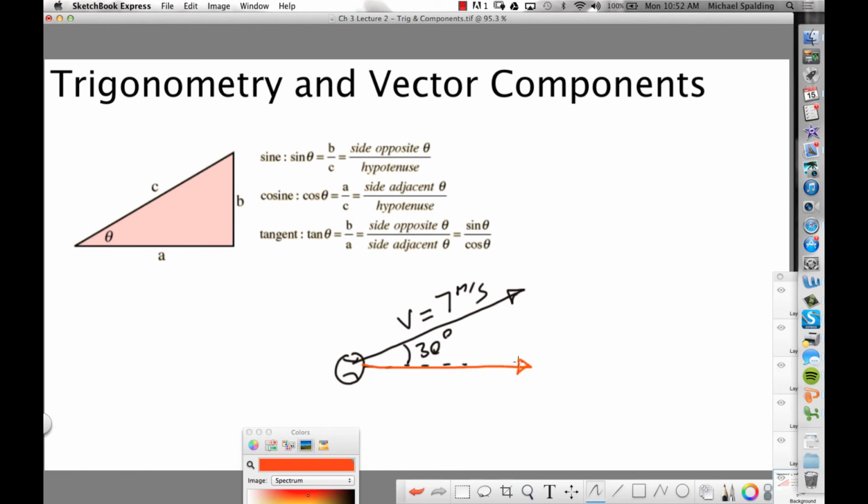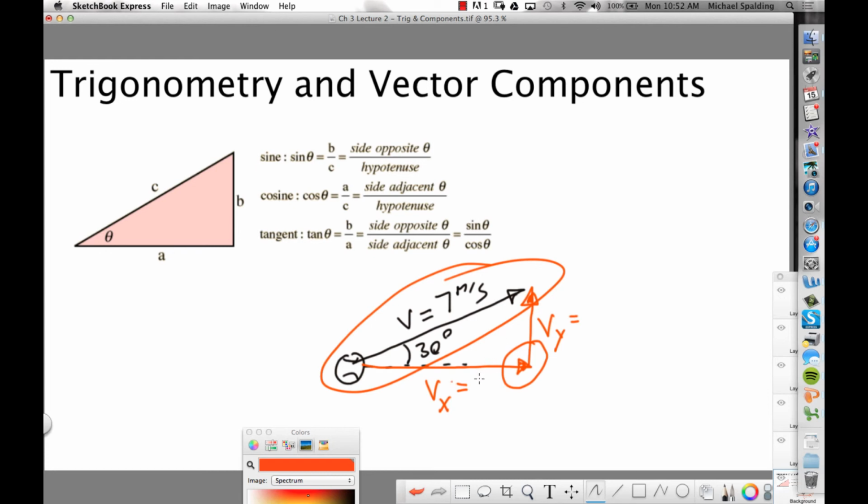So this indicates the x component of the velocity. This indicates the y component of the velocity. And again, those are tip to tail. And the resultant vector runs from the tail of the first to the tip of the last. So the black one is the resultant, the total vector, and then Vx and Vy are the components.